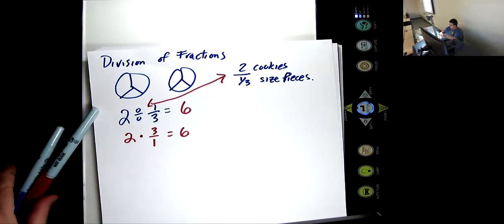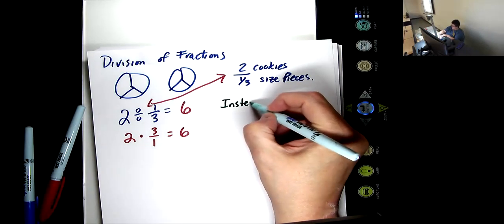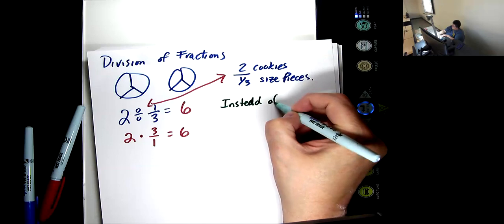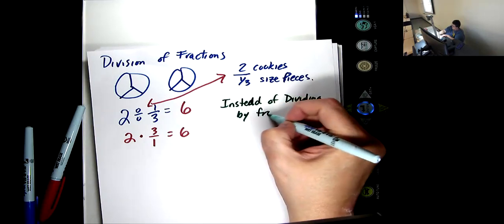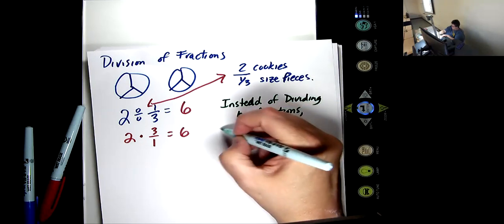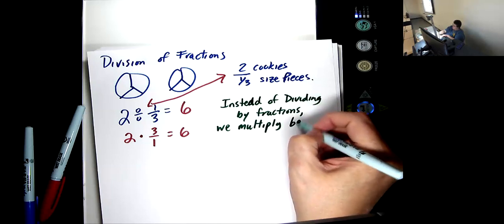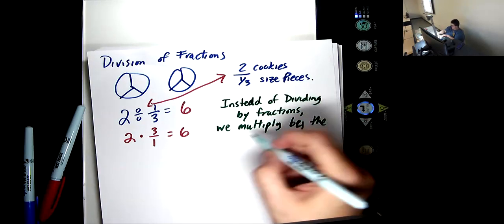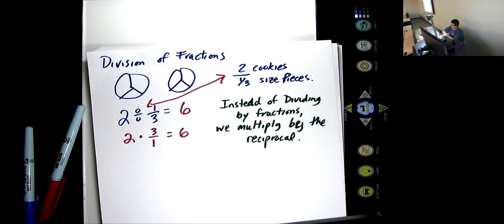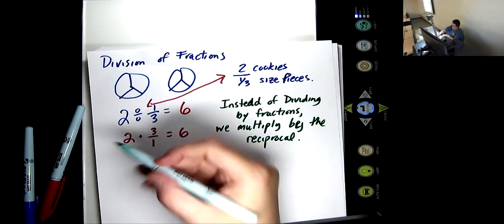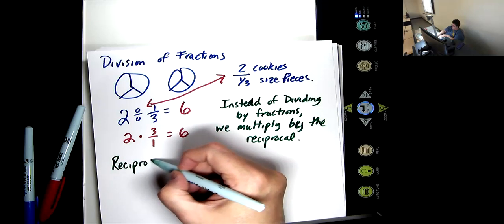So what we do is instead of dividing by a fraction, we multiply by the reciprocal, it's called. And I'm gonna use a different number.